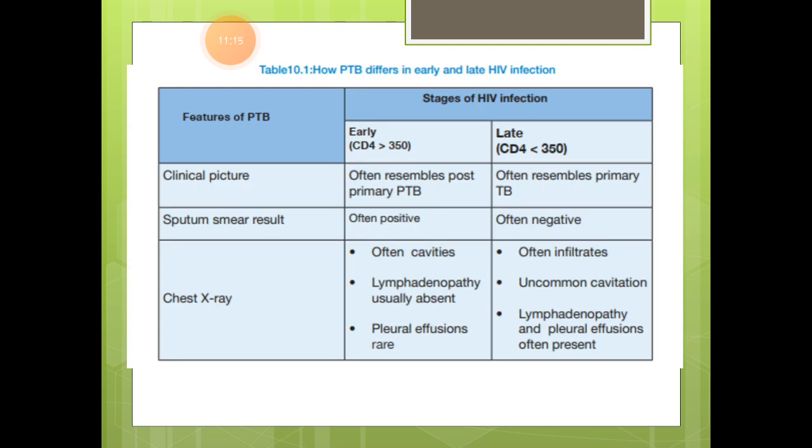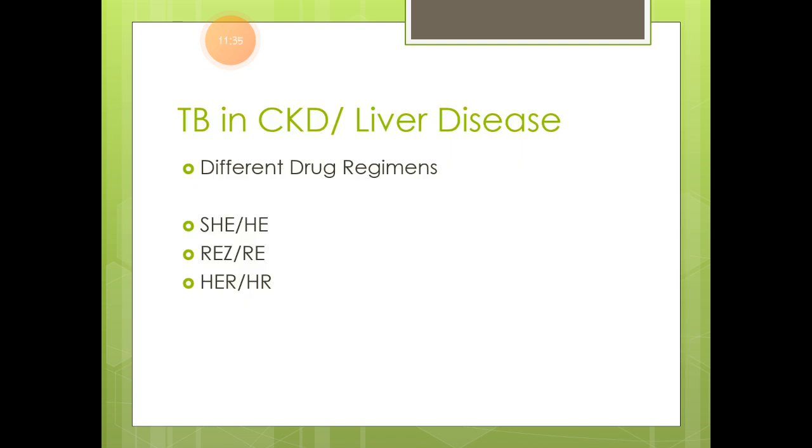And then this chart: you should know the clinical picture compared to CD4 count, sputum smear result compared to CD4 count, and chest X-ray features compared to CD4 count. This is also mentioned in the TB guideline, so you can refer to this chart as well.